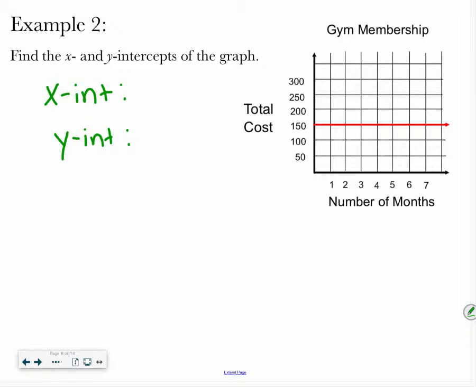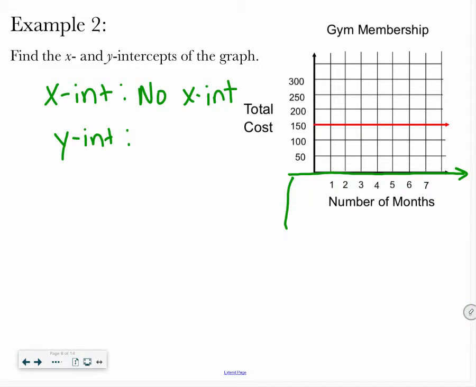Okay, so where does it cross the x-axis? Where does that red line cross the x-axis? Does it cross the x-axis? No.